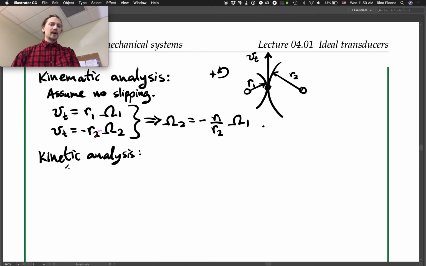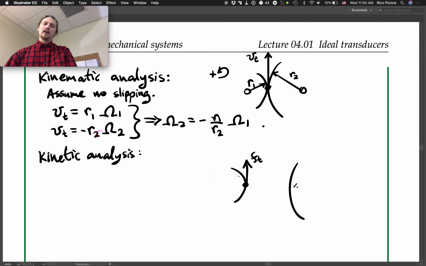The kinetic analysis allows us to look at a free body diagram of each of these. In the interaction, we have an interaction force. I'll call it Ft. And on the other one, it's got to be the opposite direction, but equal Ft. Newton had a law about that, right? We like Newton here. Well, actually, he was an asshole, but yeah.